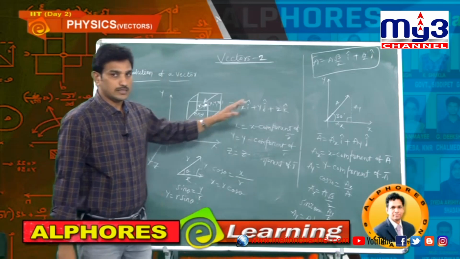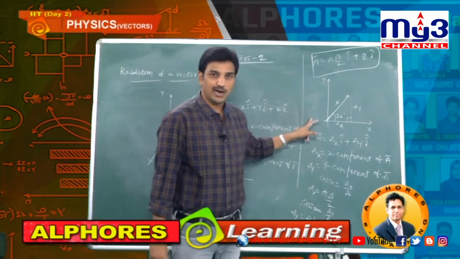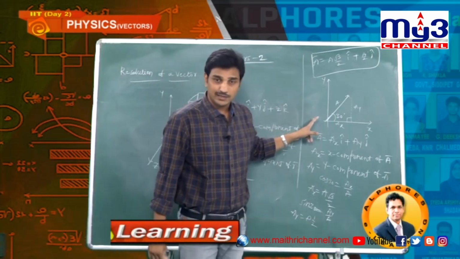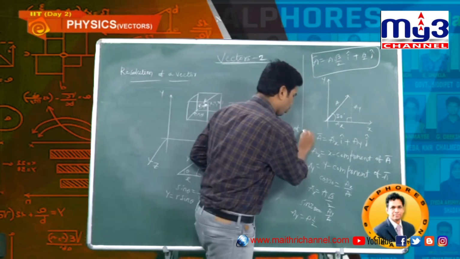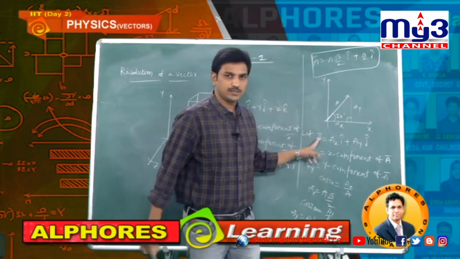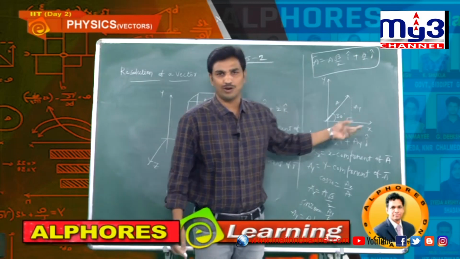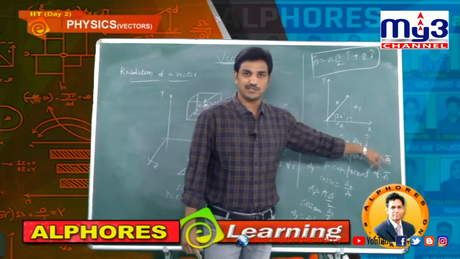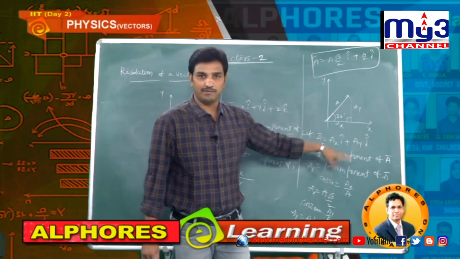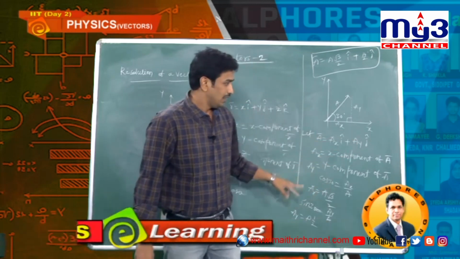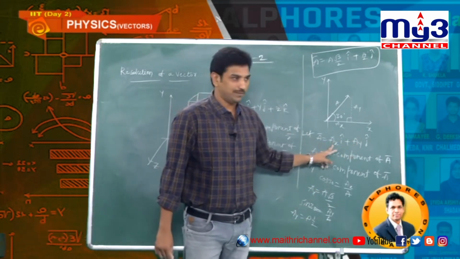Here, starting in this question, I don't know the vector, but I know that it is in 2D. Due to that reason, let A bar be equal to Ax i cap plus Ay j cap, since it has two components. I calculated the Ax value and the Ay value, and I substituted them to get the vector. How did I calculate Ax and Ay?